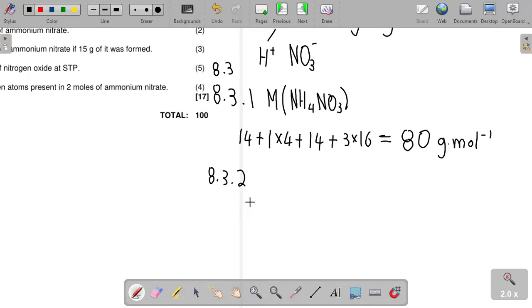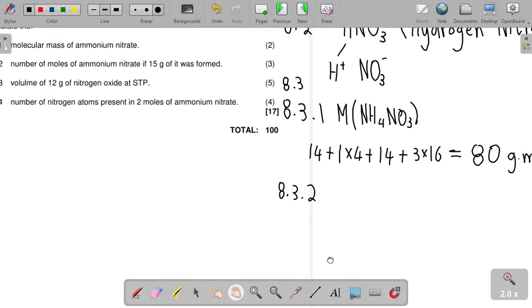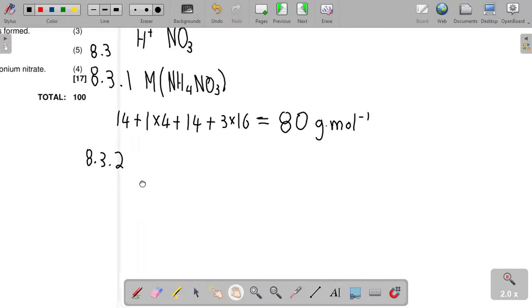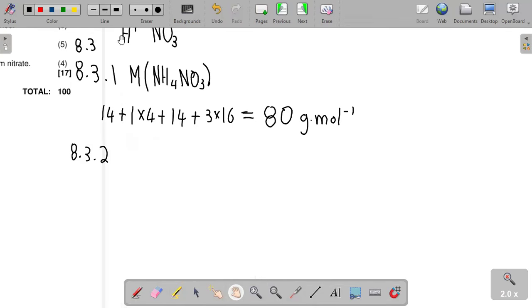8.3.2. Now for 8.3.2, on the other hand, number of moles of ammonium nitrate if 15 grams of it was formed. Okay, so they say 15 grams. So we're going to say n equals m divided by M. So the m is the 15, okay?